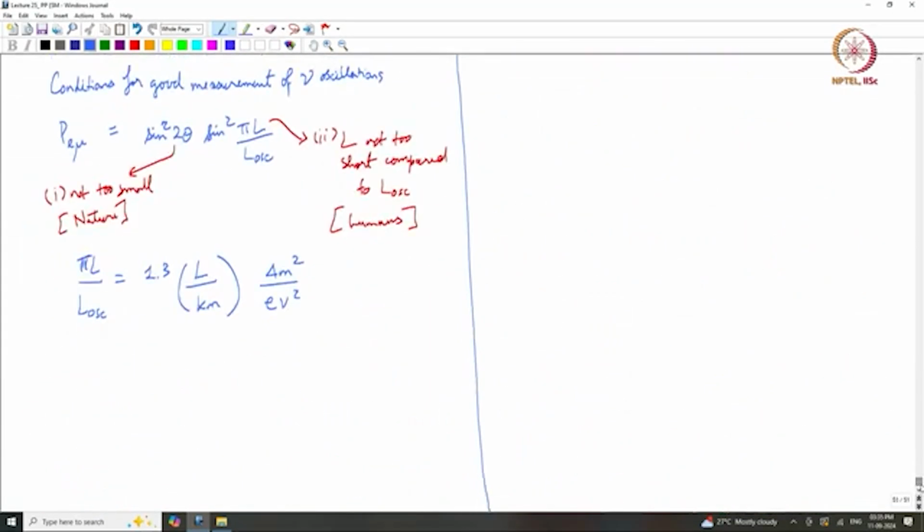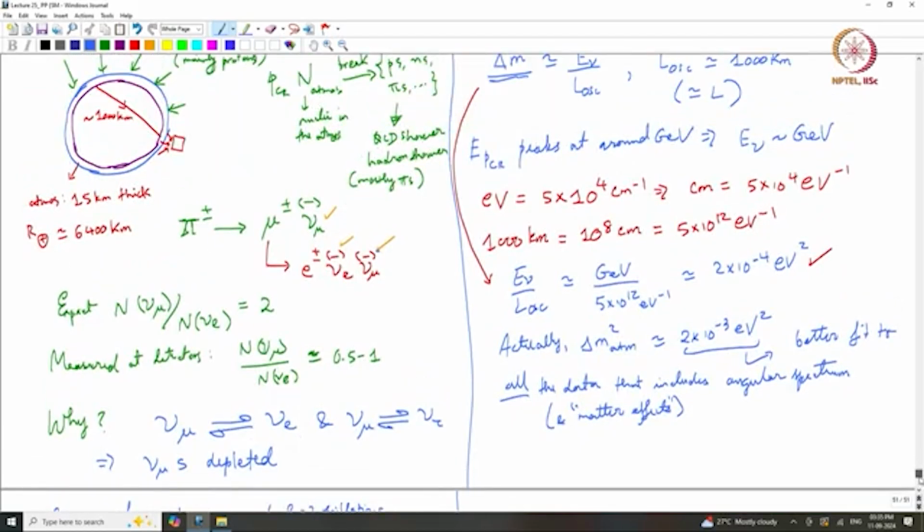So all I am doing is rewriting this, normalizing each quantity to a certain number so that we can immediately see what baseline we should choose for a given energy. Okay, so if I have a GeV energy, then if delta m squared is eV squared, which is not obviously, then the baseline I have to choose is a kilometer. Okay, all I have done is do some unit conversions, the sort of thing that we did over here.